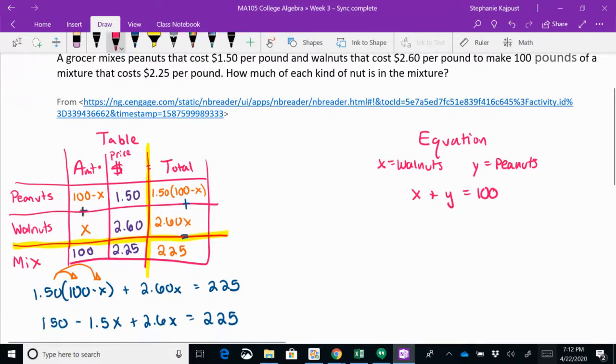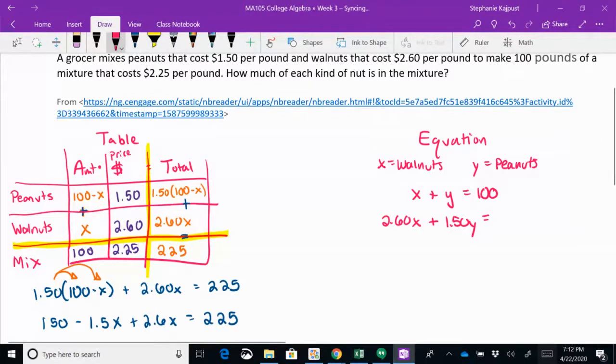The second equation is I basically take that equation and then I multiply each variable by the respective price. So x is walnuts, and walnuts are $2.60 a pound, so I'm going to multiply that x by 2.60. y is peanuts, that's $1.50, so I'm going to multiply y by $1.50.